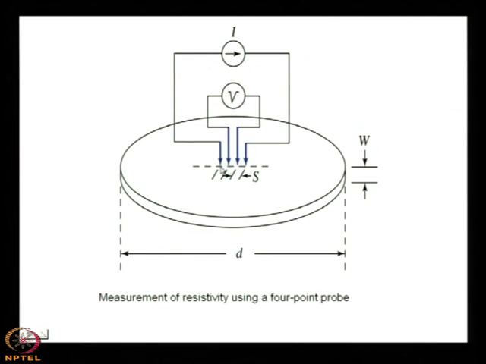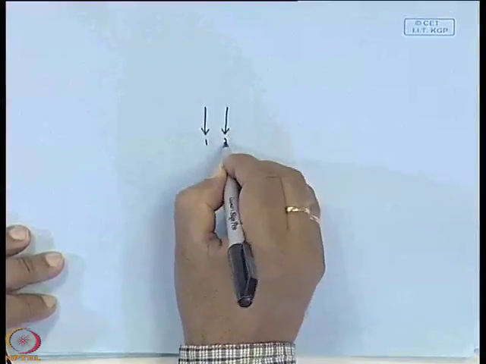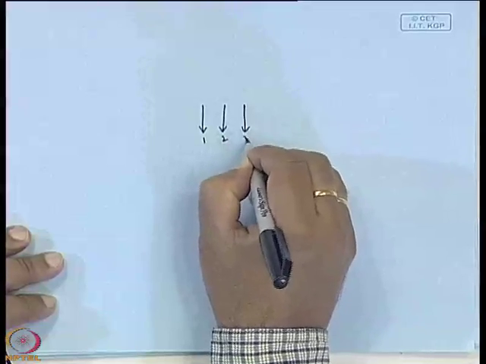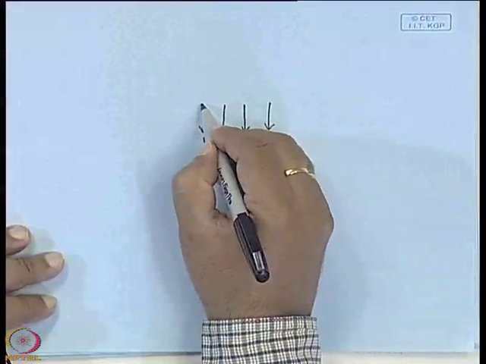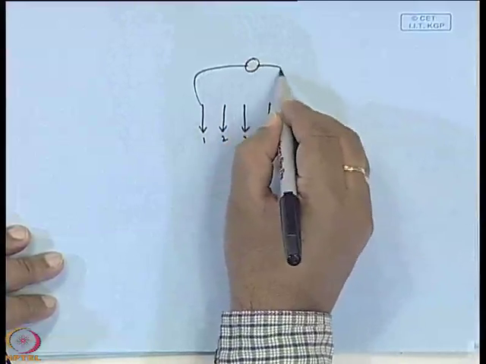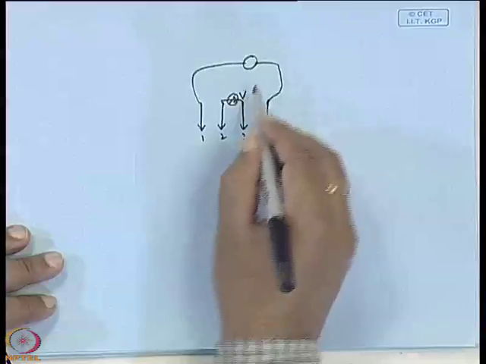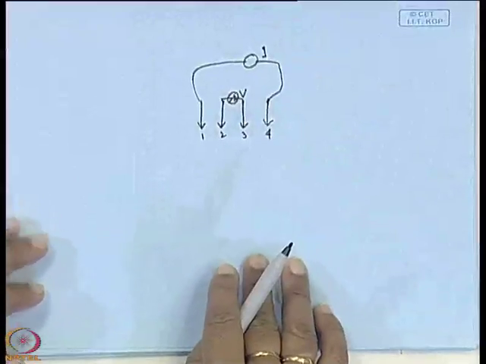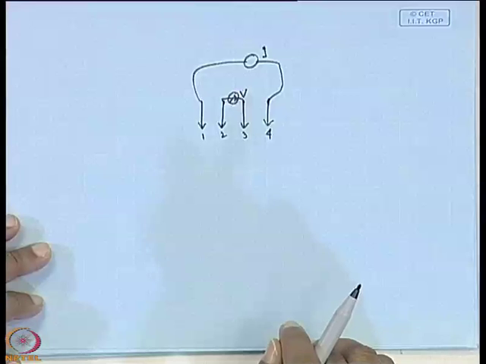If I consider this is 1, this is 2, this is 3 and this is 4, these are the 4 probes. So, current is between 1 and 4 and voltage is between 2 and 3. This is the configuration for the measurement of the 4-point probe.